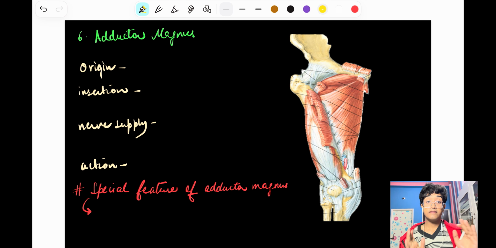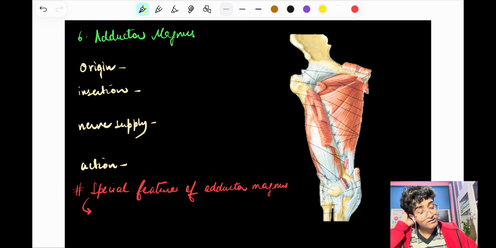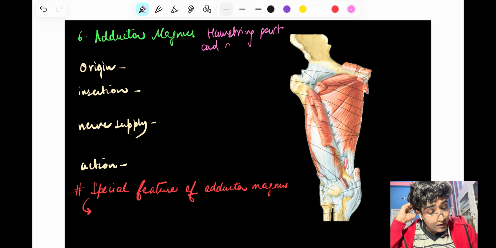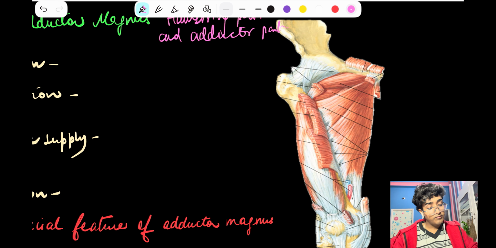Coming to the next muscle and the last muscle of the medial compartment of the thigh, it is the adductor magnus muscle. It has two parts: a hamstring part and an adductor part.